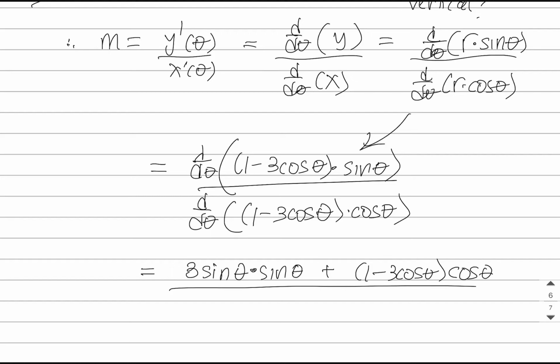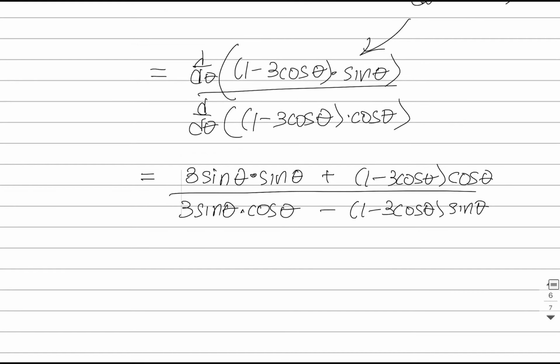And downstairs, I'll get the same sort of thing. The derivative of cos is negative sine, so I'll get 3 sine theta cos theta, and they're multiplying. Subtract 1 minus 3 cos theta sine theta. And that minus sign comes from the derivative of cos.